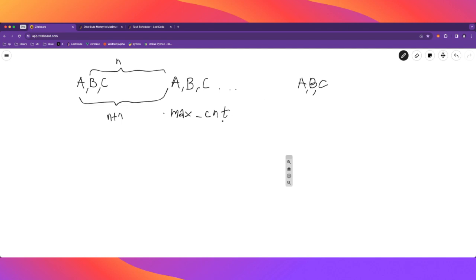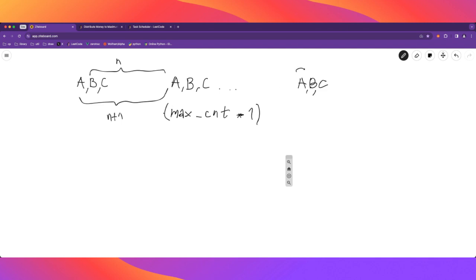And the number of segments that we have is the max count minus 1.